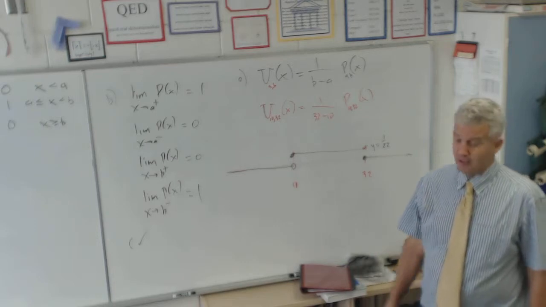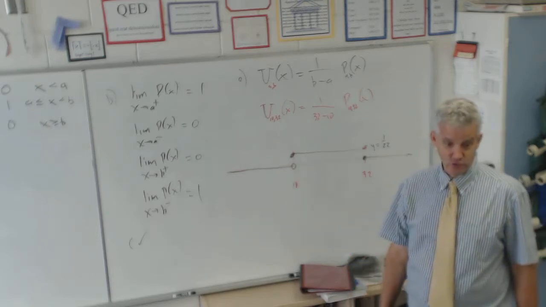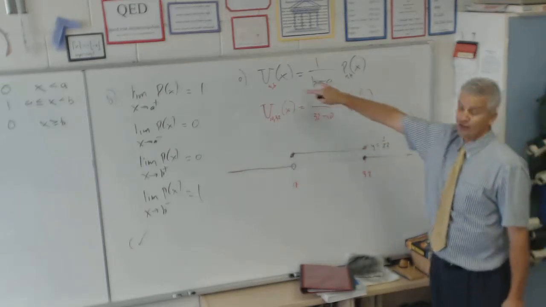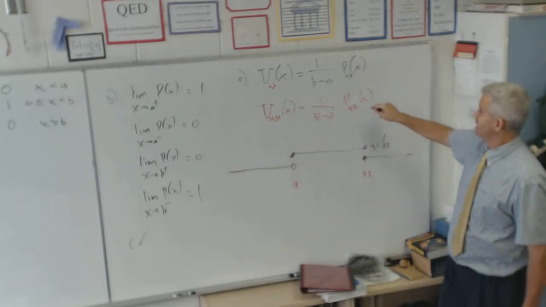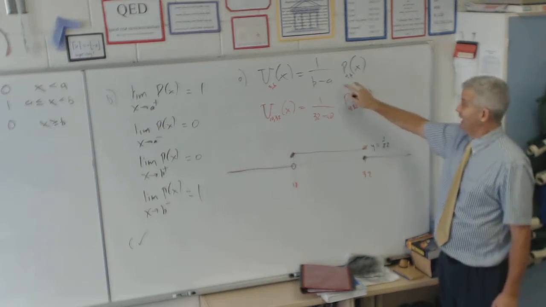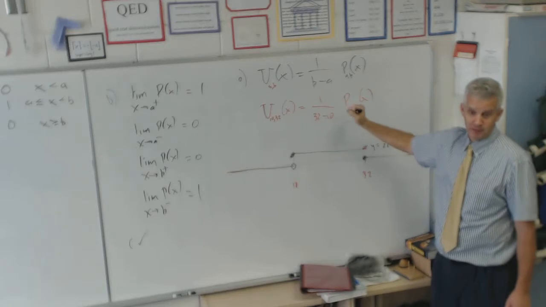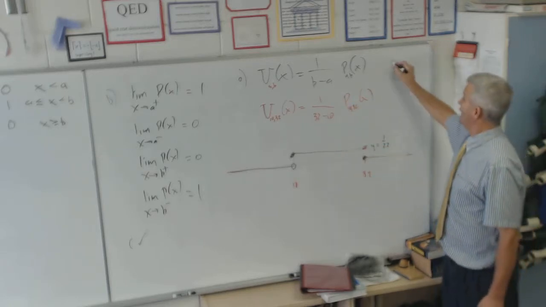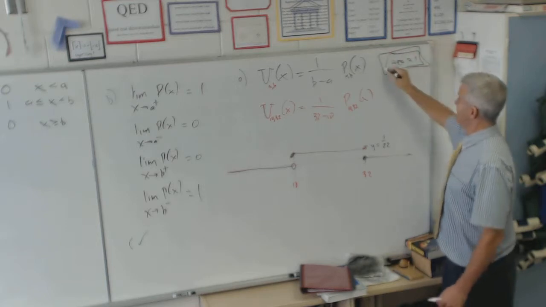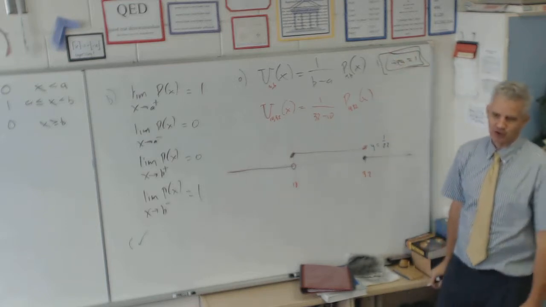It's 22 wide, 1 high. The area is 22. What's the area under this curve? 1. It's guaranteed to be 1 because we have a length of b minus a, and now we have a height of 1 over b minus a. Area equals 1. That's why it's called the unit pulse function.